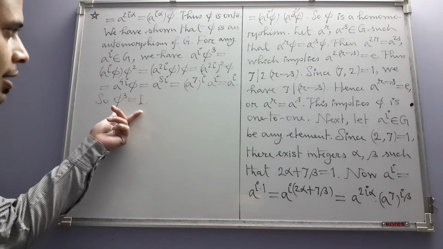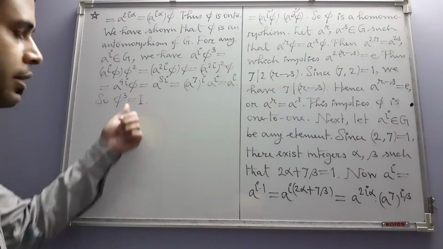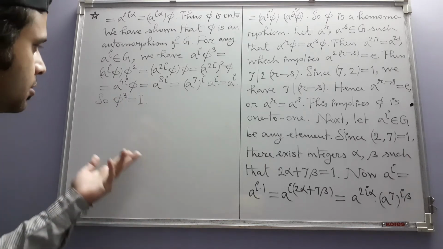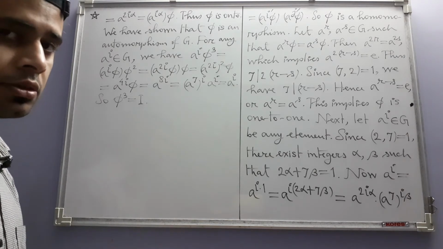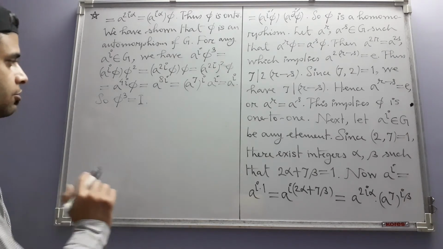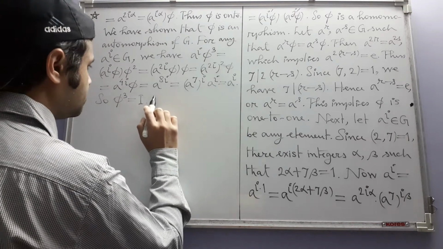But this is not enough to tell us that phi has order 3, because maybe a lower positive integral power of phi is also equal to identity. Let us now show that that is not the case.